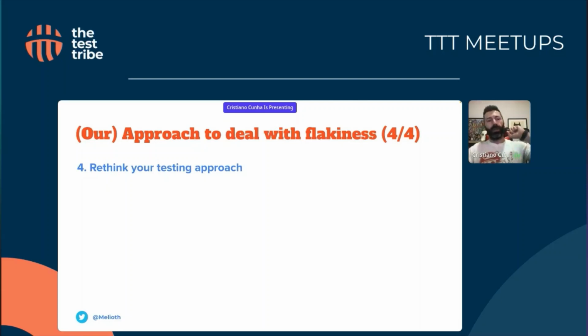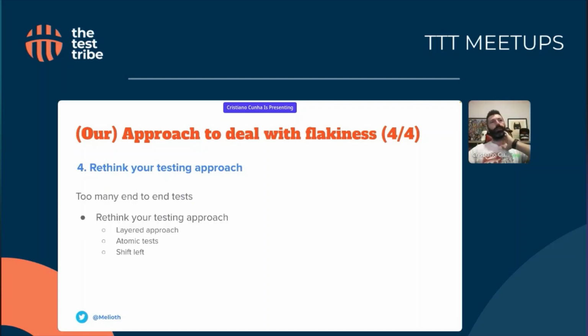And the hardest thing to do is review your testing approach. Because if you have too many tests, you need to cut that down, have a layered approach. Try to add unit tests, try to add component tests, try to build up confidence in each one of the microservices in order to have only one or two UI or web validations on the top.